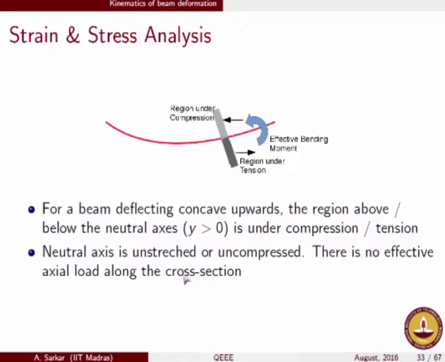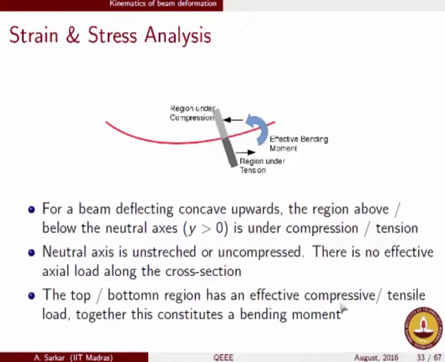The neutral axis itself is not stretched, it is not compressed or elongated. There is no effective axial load along the cross section, there is only transverse load, and as such the neutral axis, which we will soon see is also the centroidal axis, is going to be unstretched, whereas the top and the bottom will have an effective compressive and tensile load.